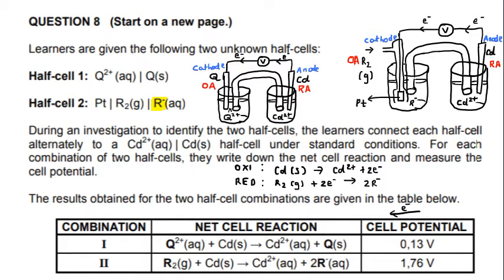When we look at these two half cells, even though both of them are galvanic cells, and these two species compared to each other are strong oxidizing and reducing agents, combination two is much greater. I'm going to use maths notation here: the strength of combination 2 is greater than the strength of combination 1.